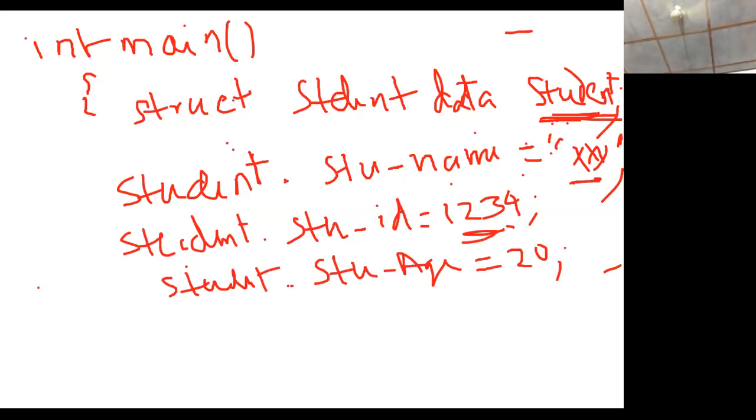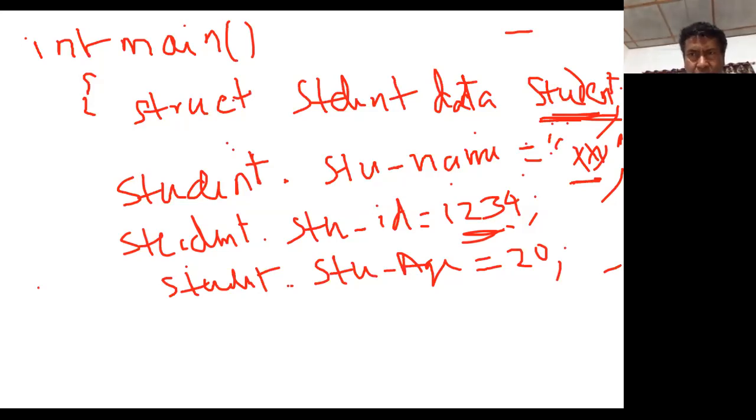I'm giving a constant value over here. You can make it a variable also. Just get the idea. Any doubt? No, sir. You have to take care of one symbol, that is dot.